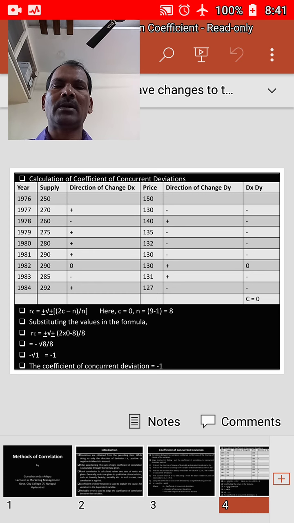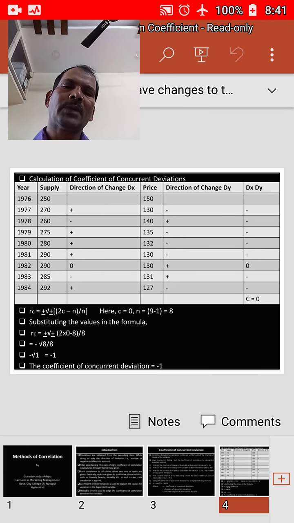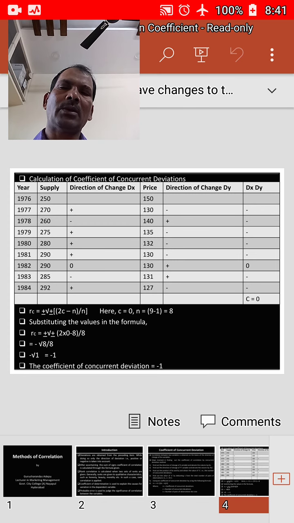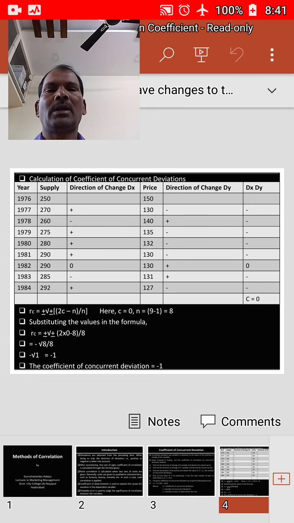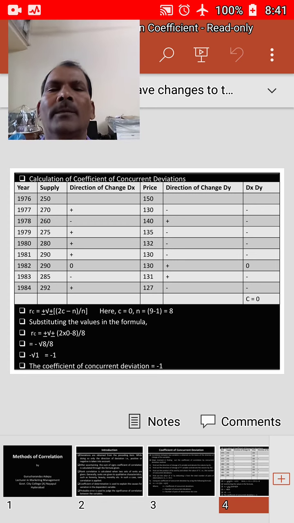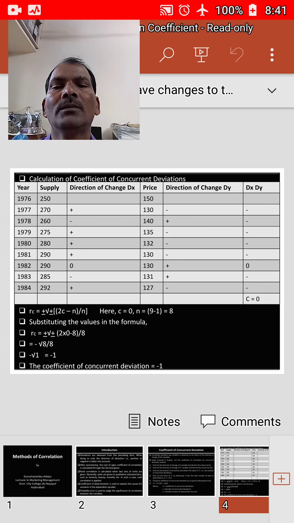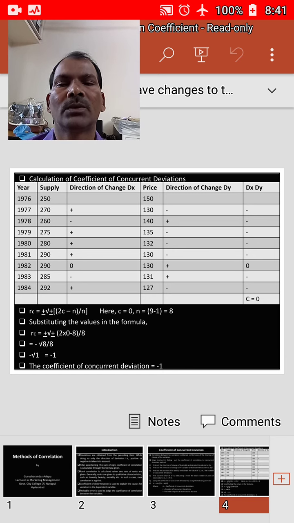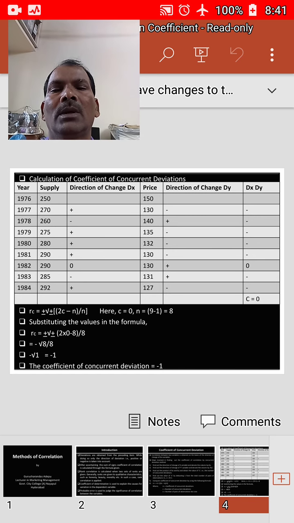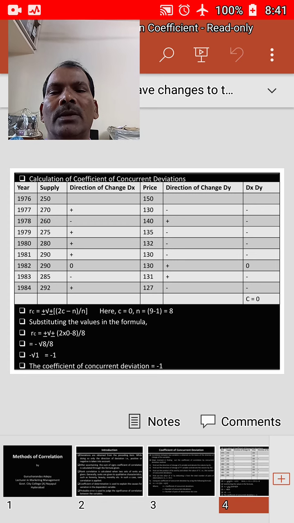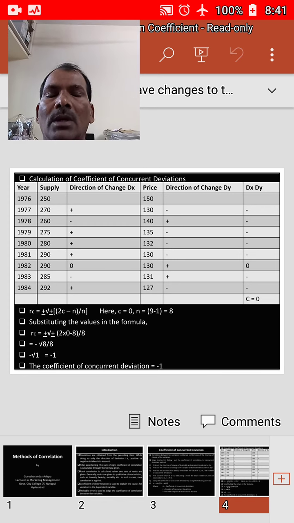From 1981 to 1982, the supply is the same, hence there is no increase or decrease, we need to put 0. In 1983, compared with the preceding year 1982, supply goes from 290 to 285, a decrease of 5 units, hence we need to put a negative sign. In 1983 it was 285, whereas in 1984 there is an increase of 7 units. That's why we need to put positive.